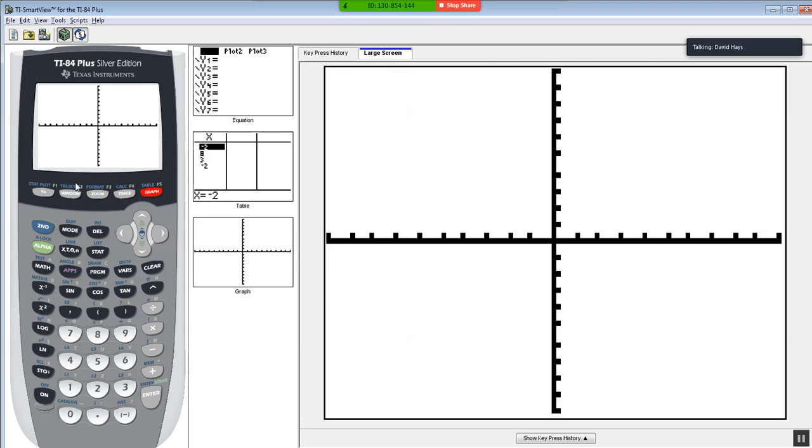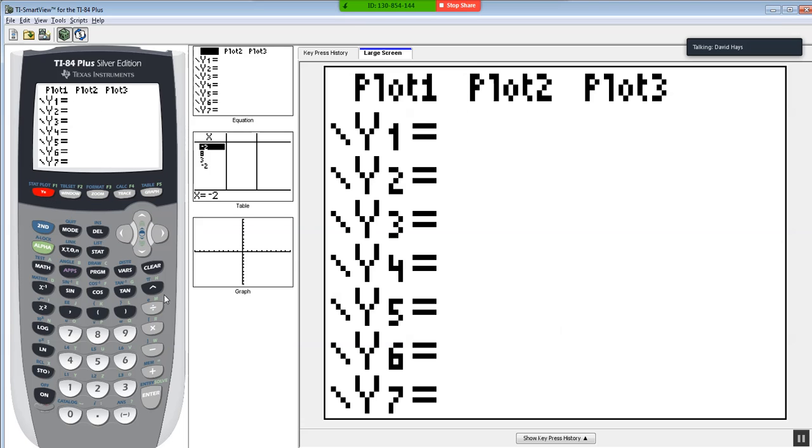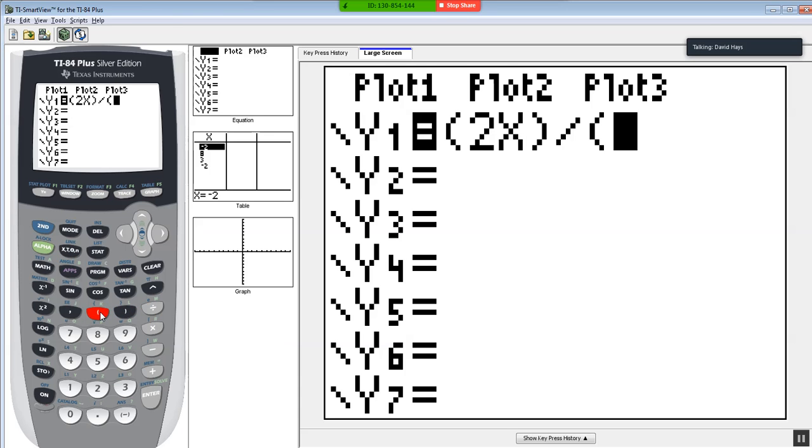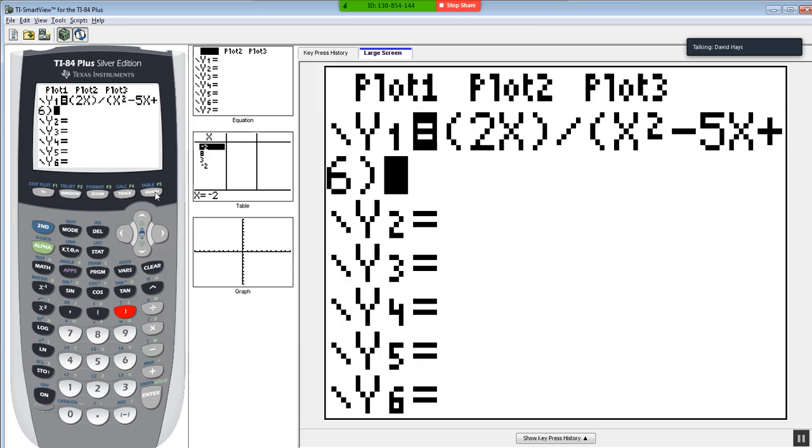Okay, now they're gone. So I got, was it 2x on top, divided by x squared minus 5x plus 6, and then graph.